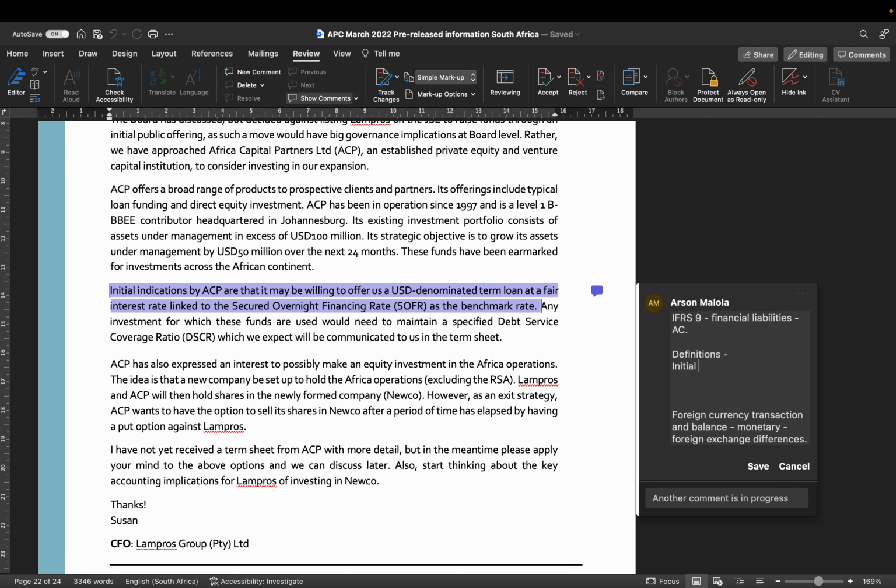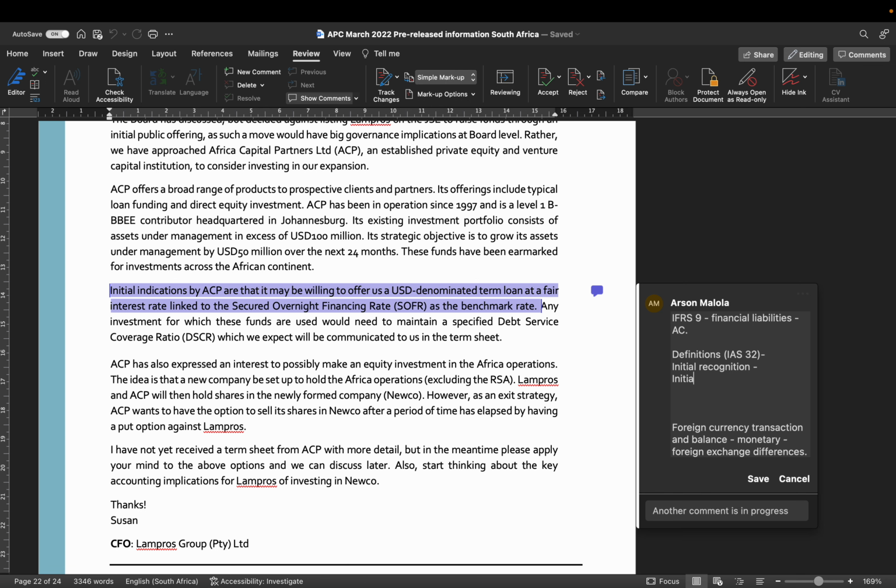Then you flip into IFRS 9. So definitions, remember, sit in IAS 32. Okay. Recognition, right? Which is quite simple, right? When we enter into the contract. Then initial measurement, which again is quite simple, right? It's at fair value.